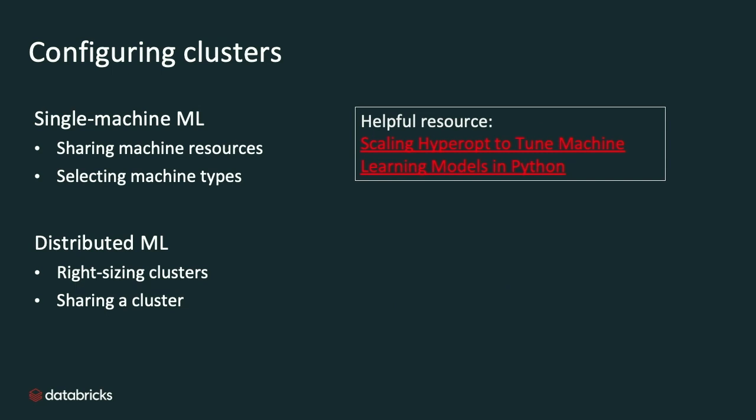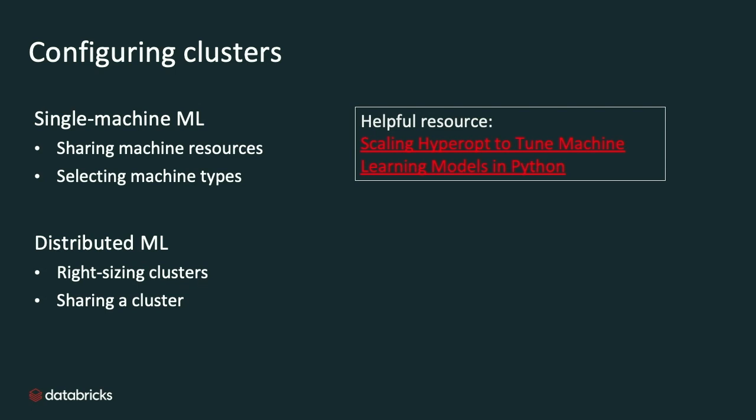Then finally, for configuring clusters, here are the main discussion points. Not tips really, but discussion points around single machine ML, where sharing machine resources and selecting machine types can be pretty important. For sharing resources, they're really talking about the question of if you have multiple Spark tasks fitting different models on the same worker machine, how are they sharing resources?